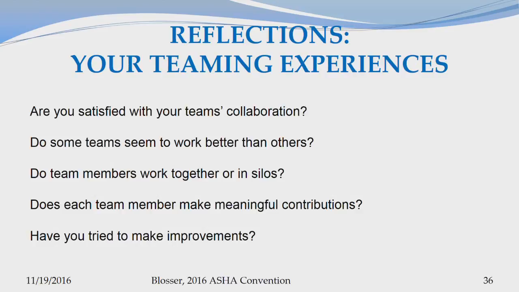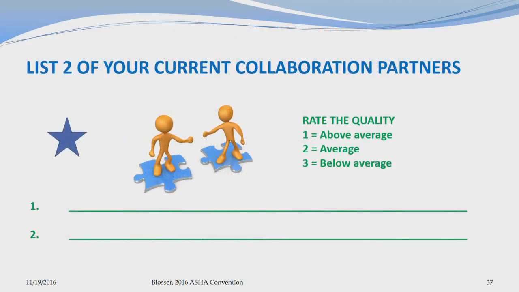So, reflections. We've been talking about some of this, so I'm not going to leave this up, but just things to think about: your role, your approach, what you've done to try and make this work. I'm going to introduce the appraisal tool. I want you to think about two of your current collaboration partners.